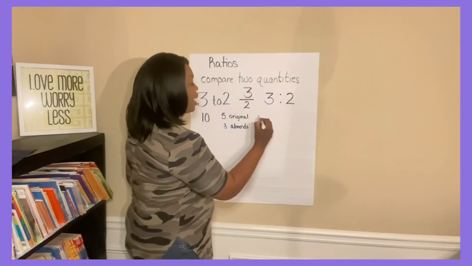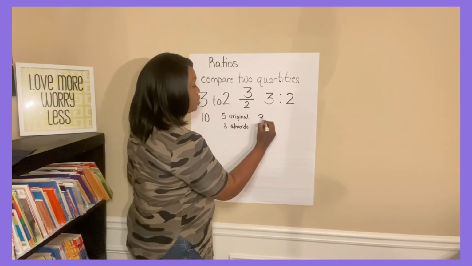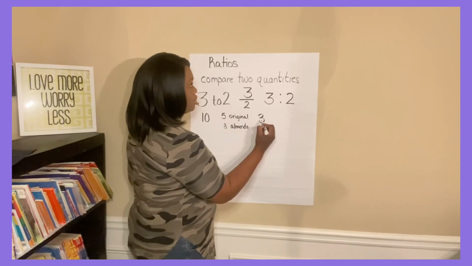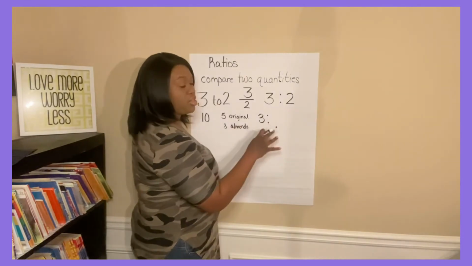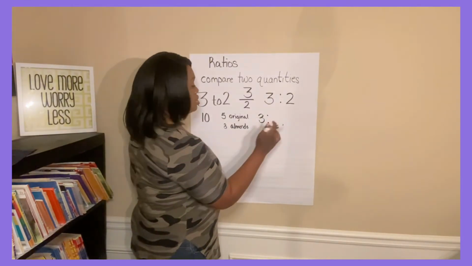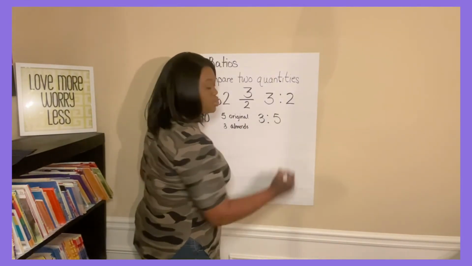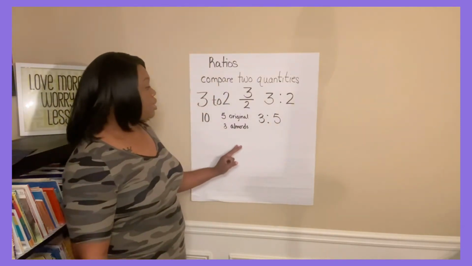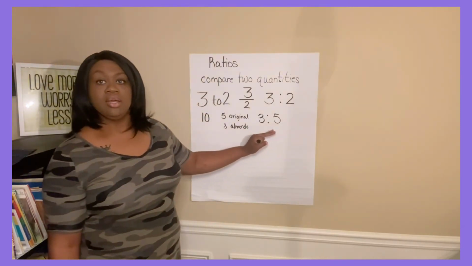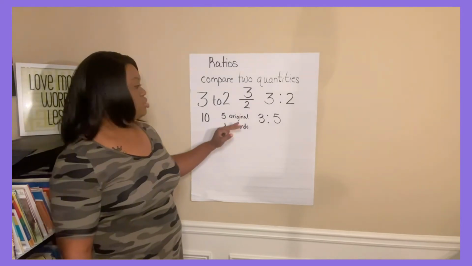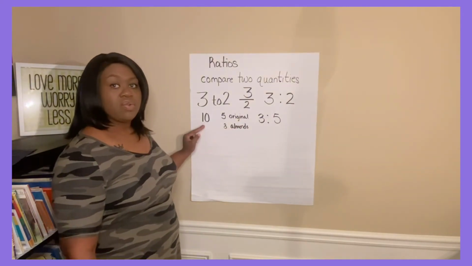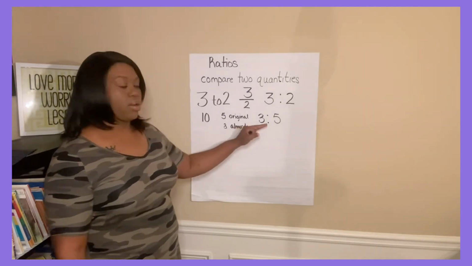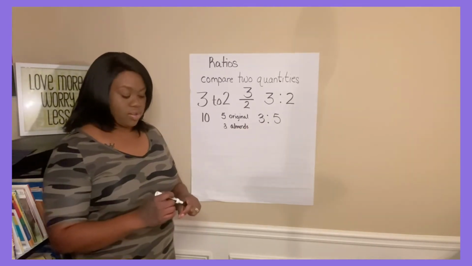So for every 3 almond kisses, I have 5 that were original. Okay? Again, I am comparing the two quantities to each other. Even though the whole is 10, I'm only comparing parts of that whole, okay?